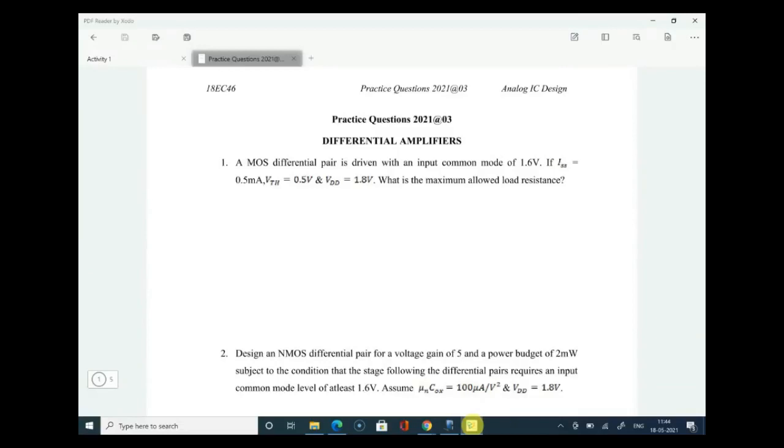When you read the question, what comes to your mind first? I asked that question because I thought you should get the circuit diagram of the differential amplifier in your mind, and then you can actually visualize it.